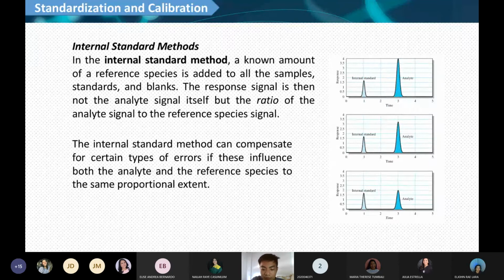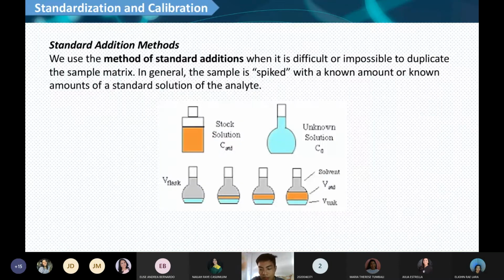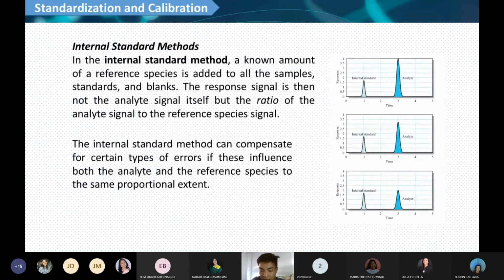And then the other type of calibration is the internal standard method. No? So anong ginagawa sa internal standard method? So internal standard method is that you add your standard. Again, yung standard, yun yung specified concentration.